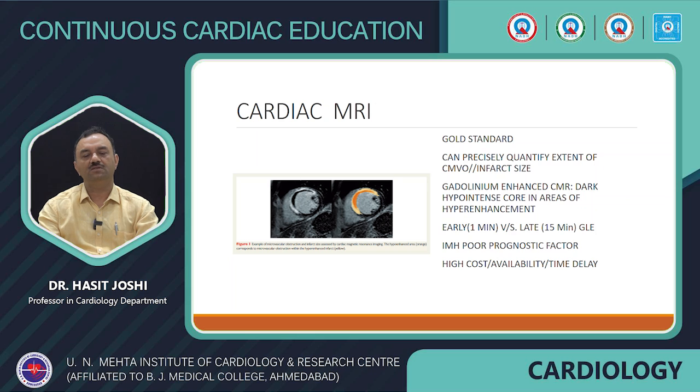It is high cost, there are time delays, limited availability, and claustrophobia can cause problems. The time delay can occur, so that if we want to take a patient for primary PCI, it would not be available.